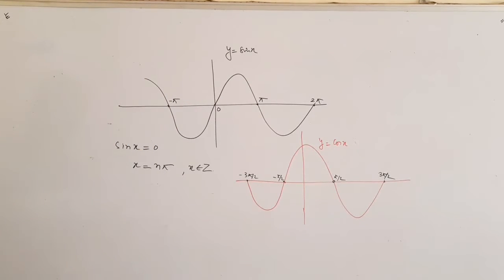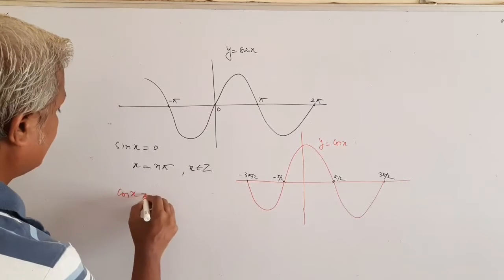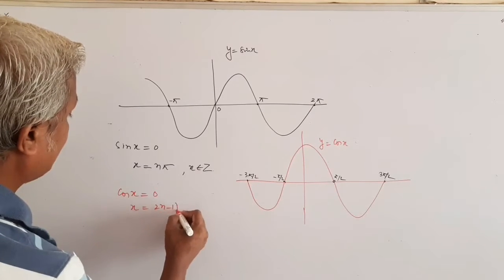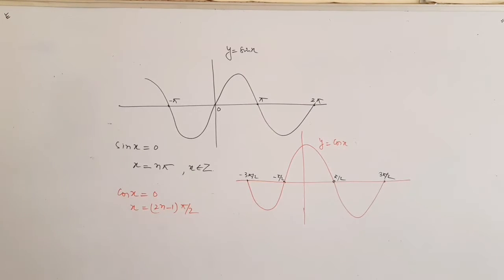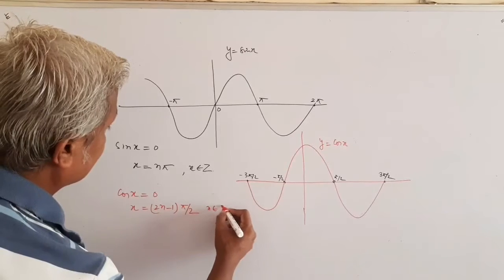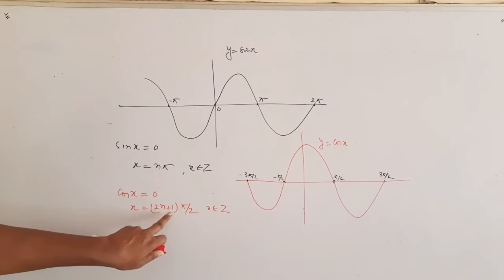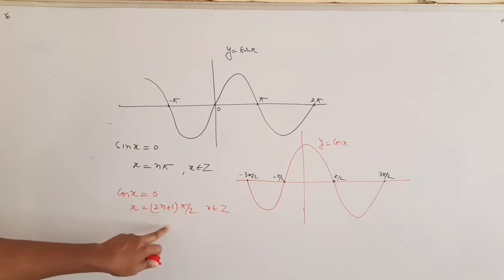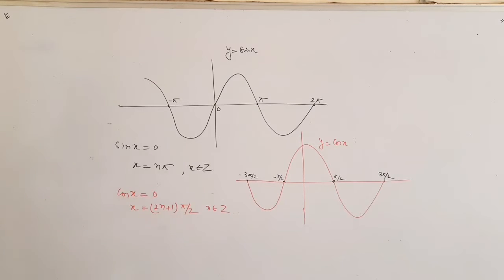So when we have cos x equal to 0, we can say x is (2n minus 1) pi by 2, and you can take (2n plus 1) also, where n is an integer. If I say plus, put n as 0, then 2 times 0 is 0, plus 1 gives pi by 2. That is cos pi by 2. When you put n as 1, 2 ones are 2, plus 1 is 3, so 3 pi by 2, and then 5 pi by 2, like that. So these are the odd multiples of pi by 2.